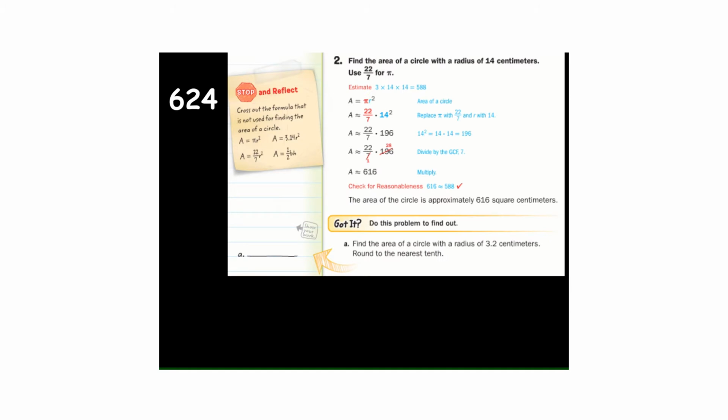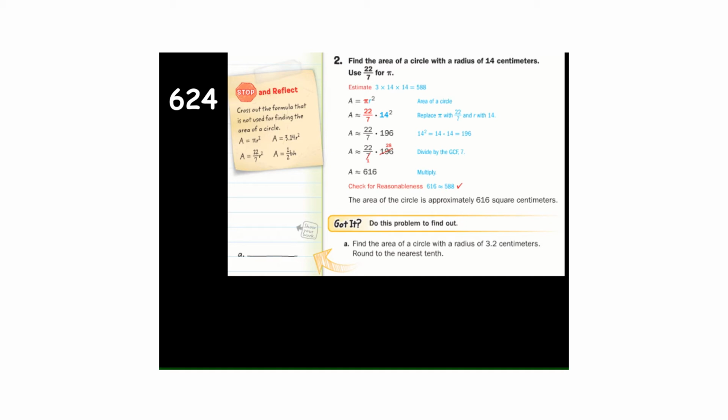Okay. Number 2. Now they're using instead of 3.14, they're using 22/7 because the radius is 14. If it's a multiple of 7, they're going to use 22/7 so they can cancel out and make it a simpler problem. And then you get a whole number when you're finished.